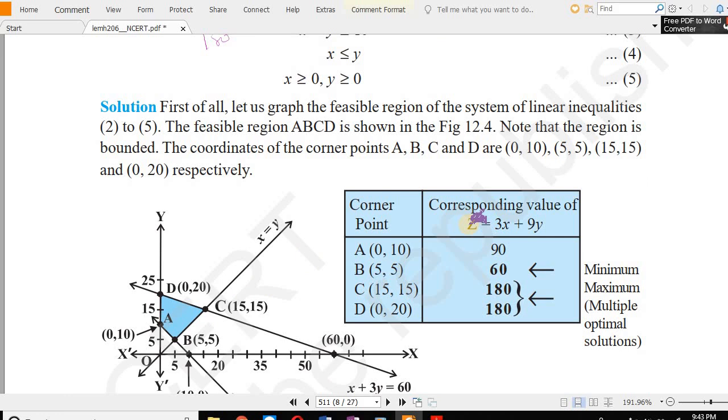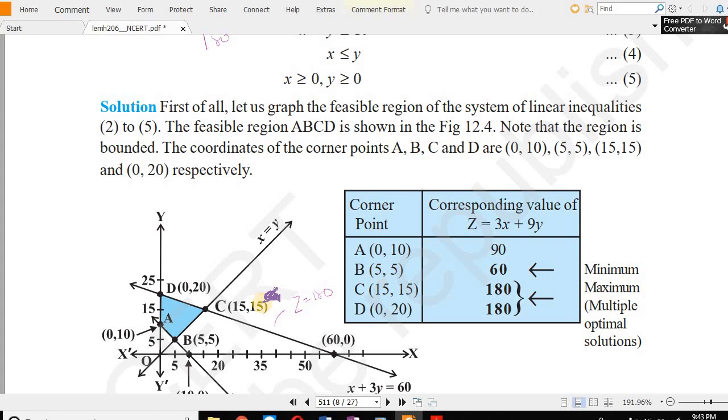Now what you can notice here is, to understand what's happening to the objective function, I could plot this function for different values of z. It turns out that this line is the value for z equals 180. Now I could also plot it for a different value.